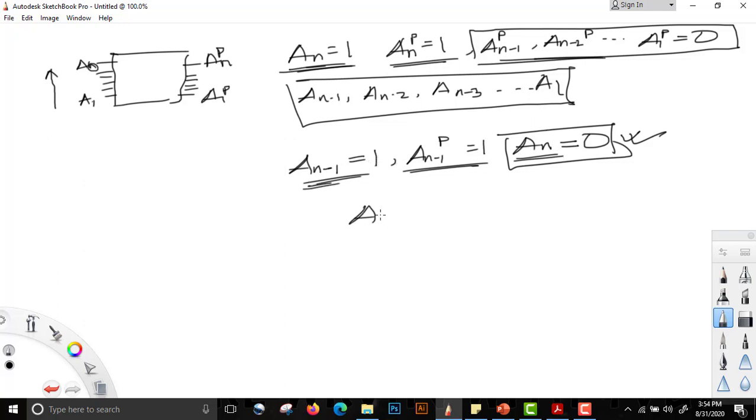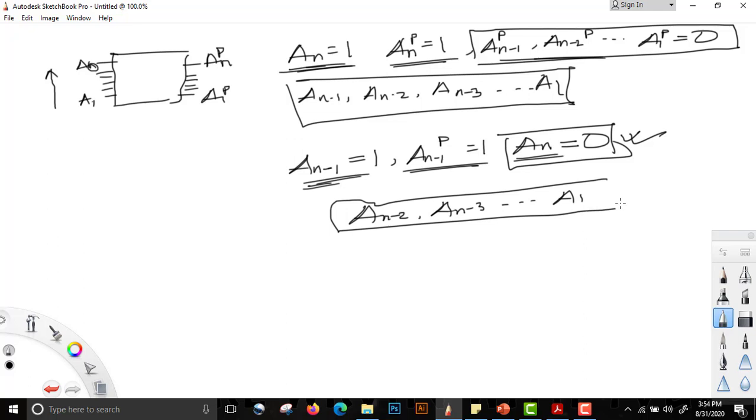In this case, what AN minus 2, AN minus 3 dot dot dot A1 are doesn't matter. ANP would be 0. All the other outputs would be 0. Only AN minus 1P would be 1. So this is how the logic works. The priority rises from bottom to top, that is from A1 all the way to AN, and at one point of time only one output is 1 and all the other outputs are 0.